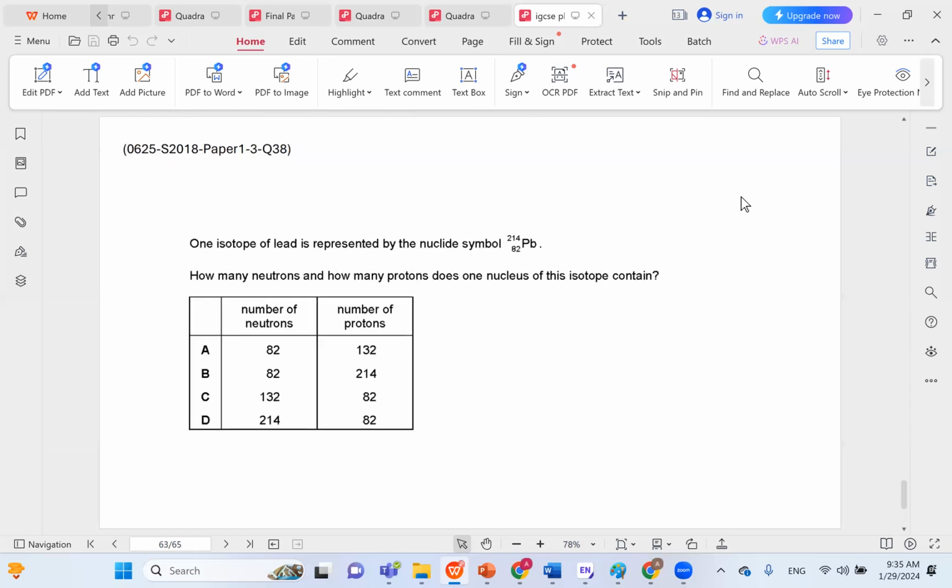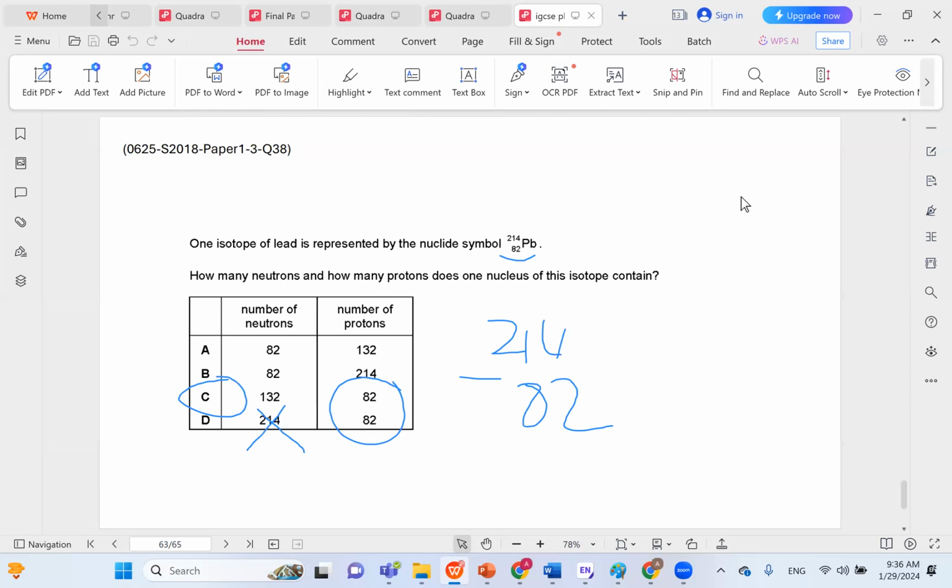One isotope of lead is represented by the nuclide symbol 214/82 Pb. How many neutrons and how many protons does one nucleus of this isotope contain? So 82 is the number of protons, and the number of neutrons would be 214 minus 82. You don't have to really calculate it because it's definitely not 214, so it's going to be 132.